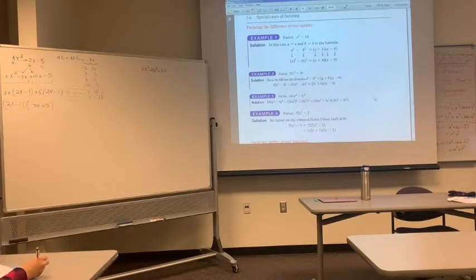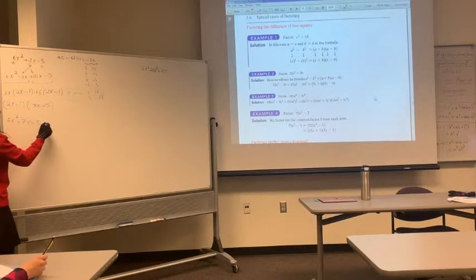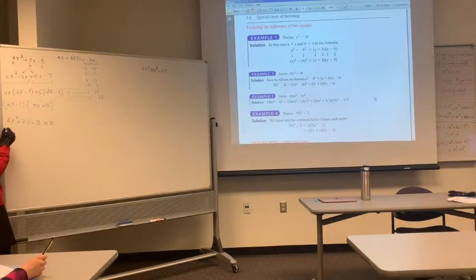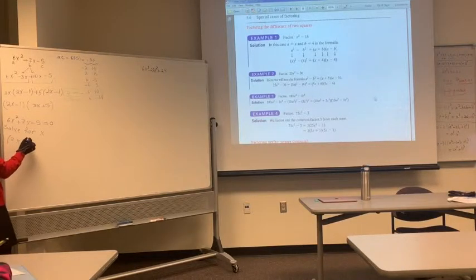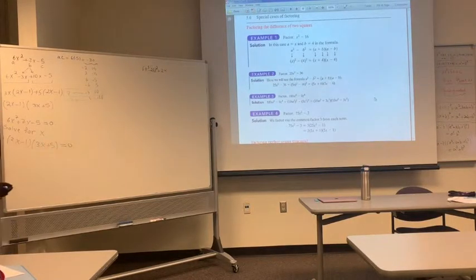If I ask you to solve this trinomial, let's say the question was like this: you would add the equals 0, and we say solve for x. Then we break this down to 2x minus 1 times 3x plus 5 equals 0, correct? Then we say this one is a, this one is b, using the zero product property: a multiplied by b equals 0, so either a equals 0 or b equals 0.